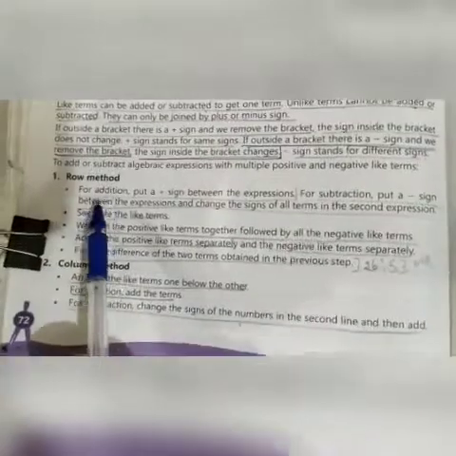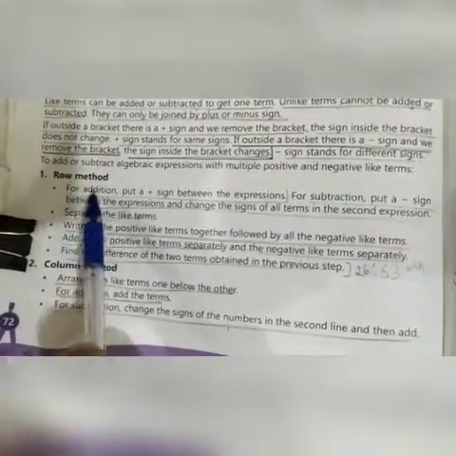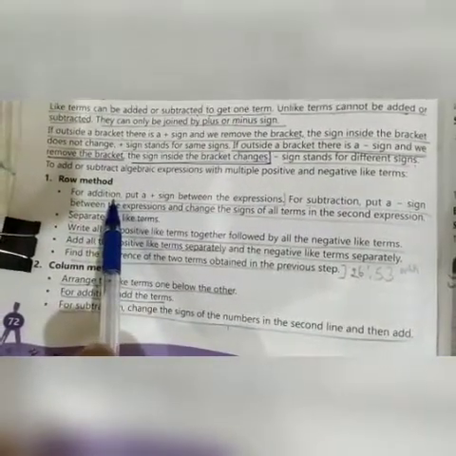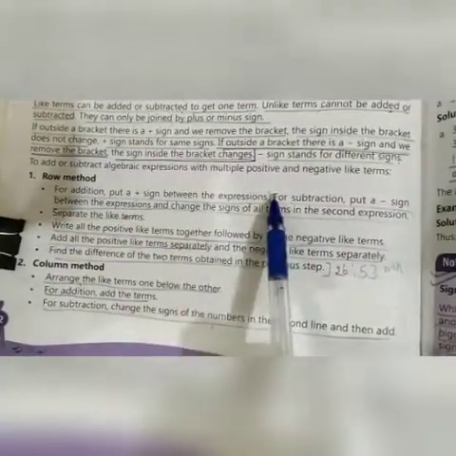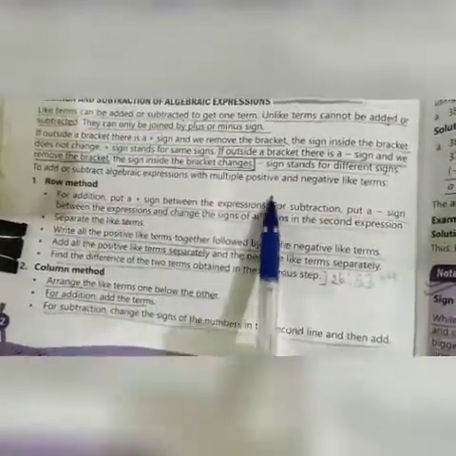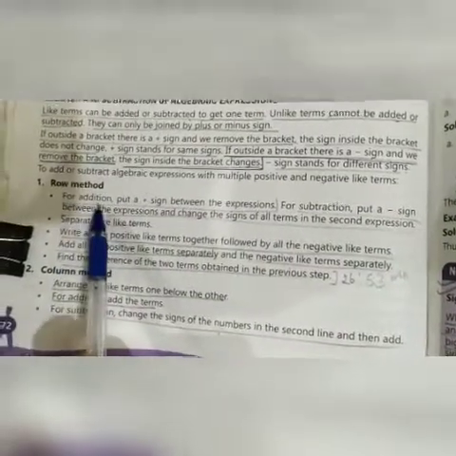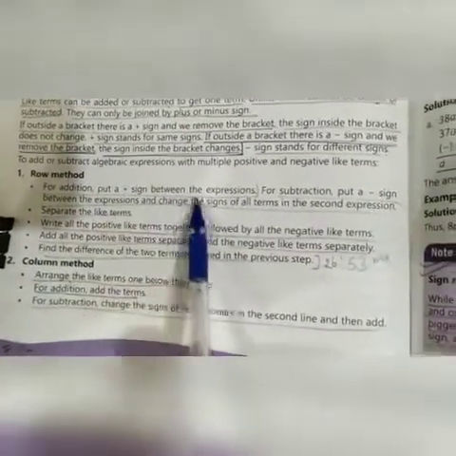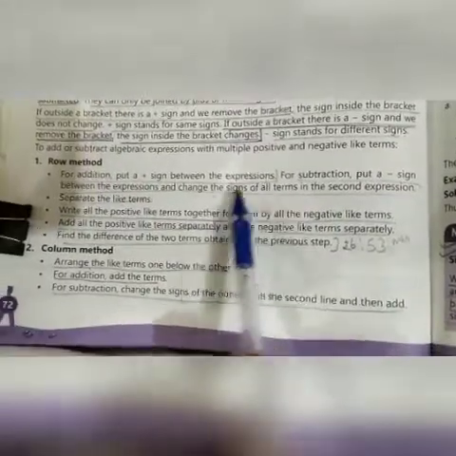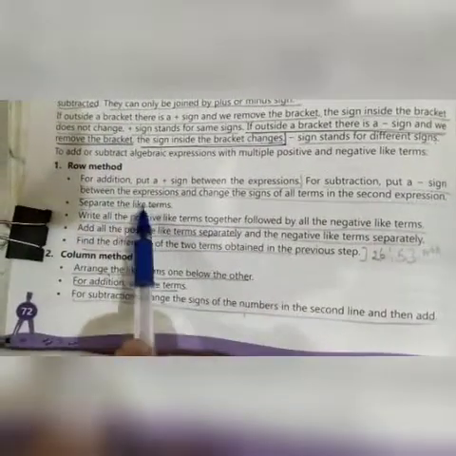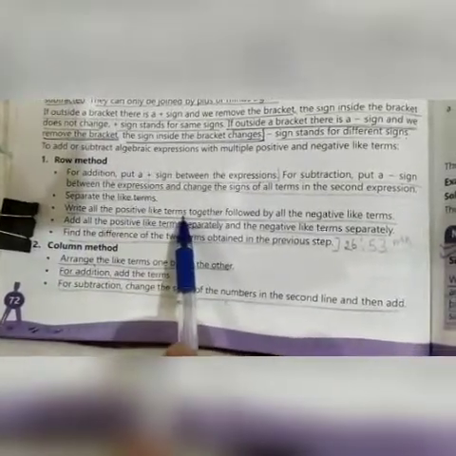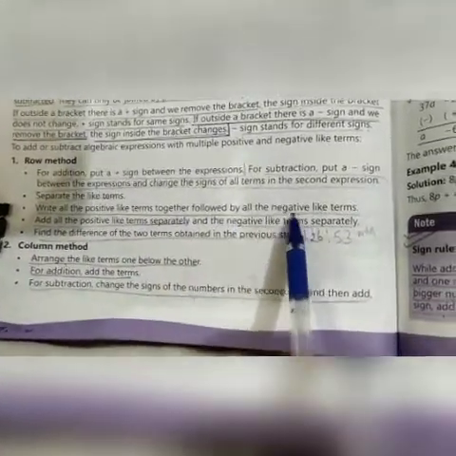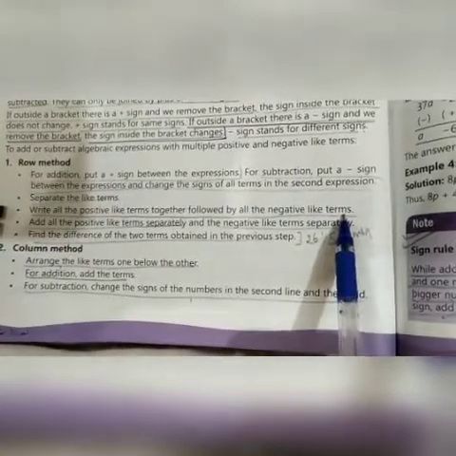So see here, in row method what we will do for addition. First I am explaining only for addition. For addition, put a plus sign between the expressions, then separate the like terms. Write all the positive like terms together, followed by all the negative like terms.